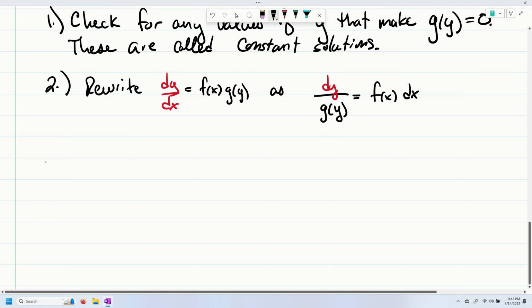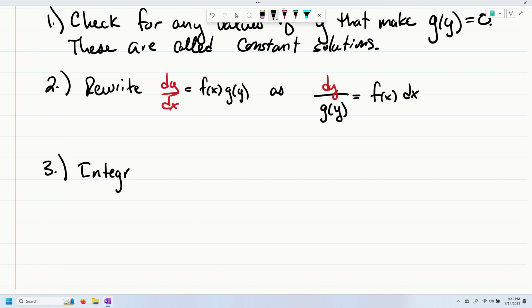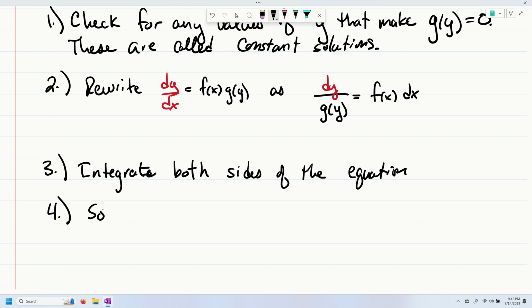Step 3, you're going to integrate both sides of the equation. Step 4, you're going to solve for y, if possible. Sometimes you can't, and that's okay.